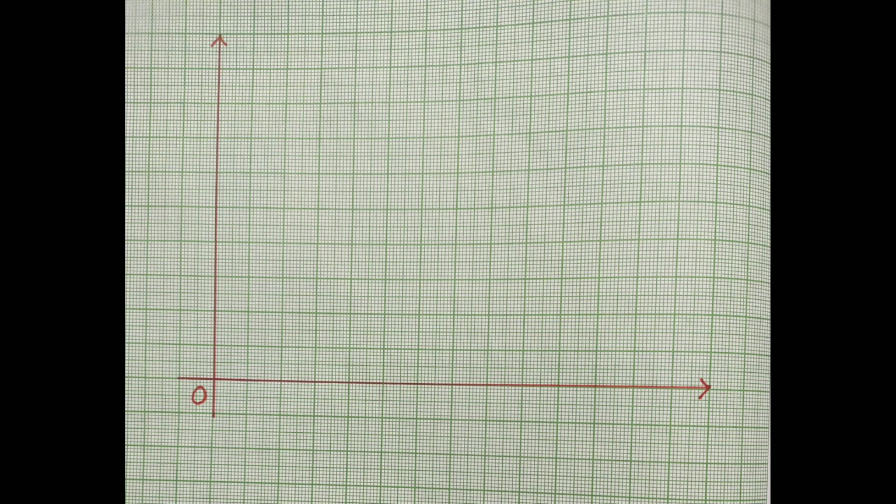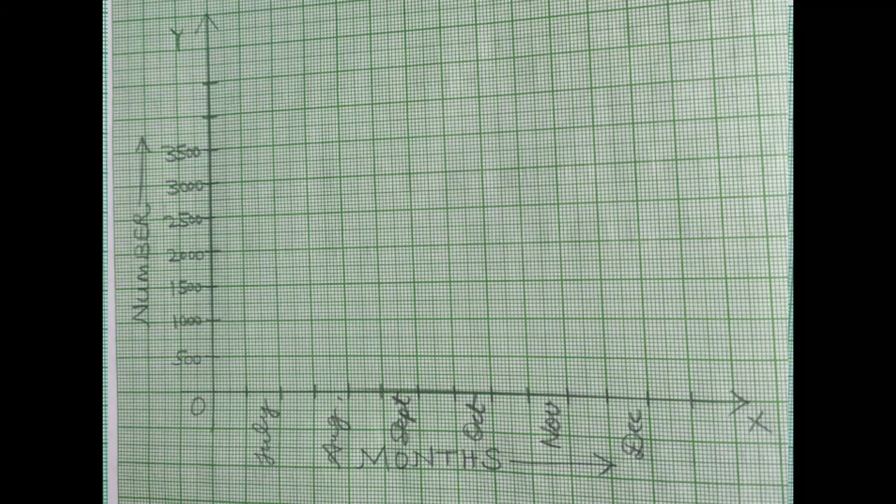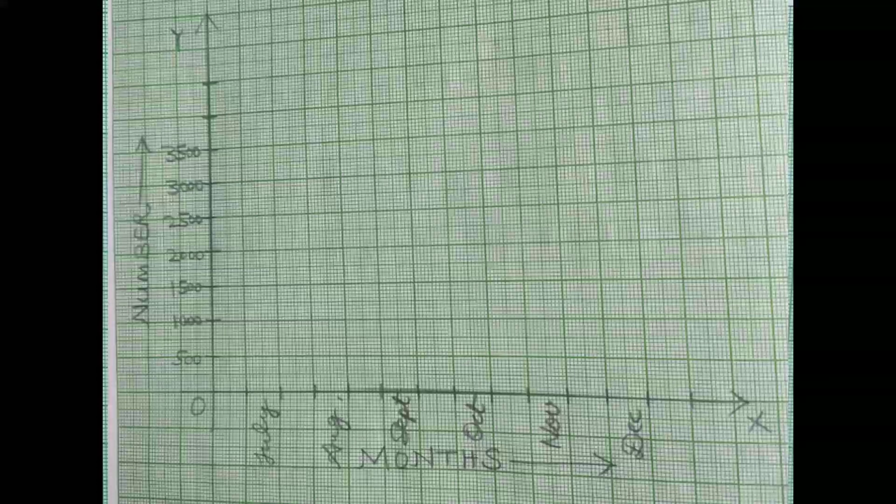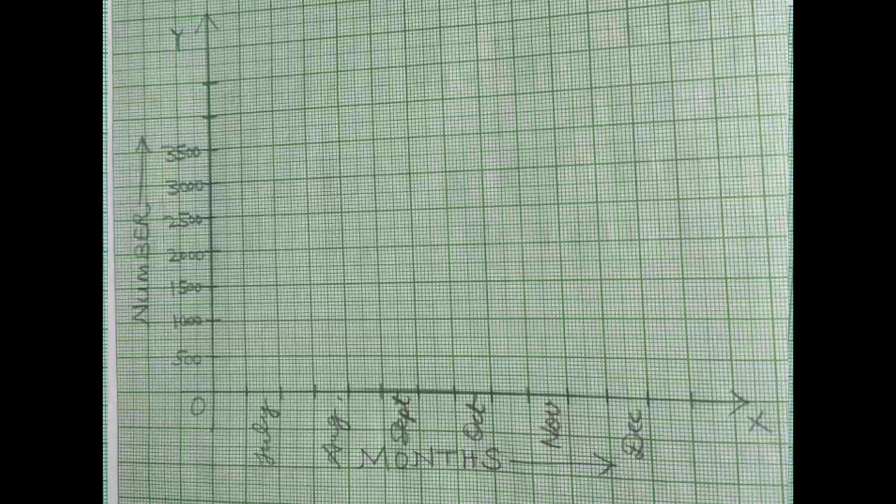Let us begin with a graph paper and draw two lines perpendicular to each other and mark them as x-axis and y-axis. On the x-axis we make markings of 1 centimeter length on the dark green line and write the names of months: July, August, September, October, November and December.